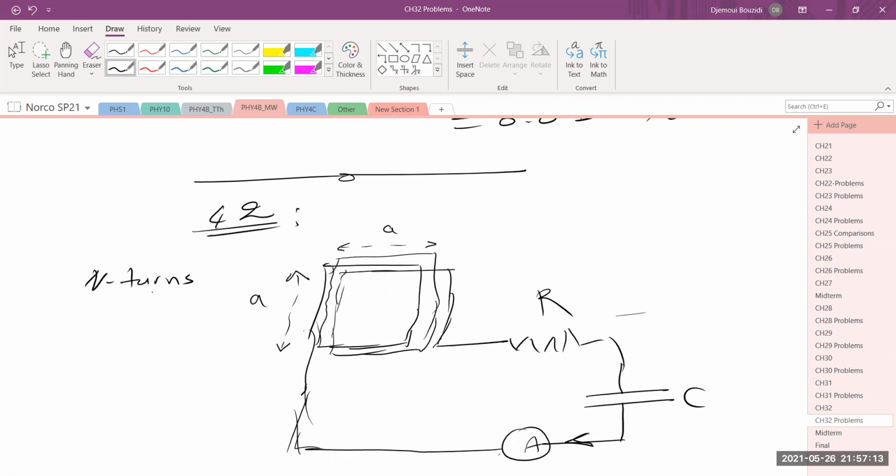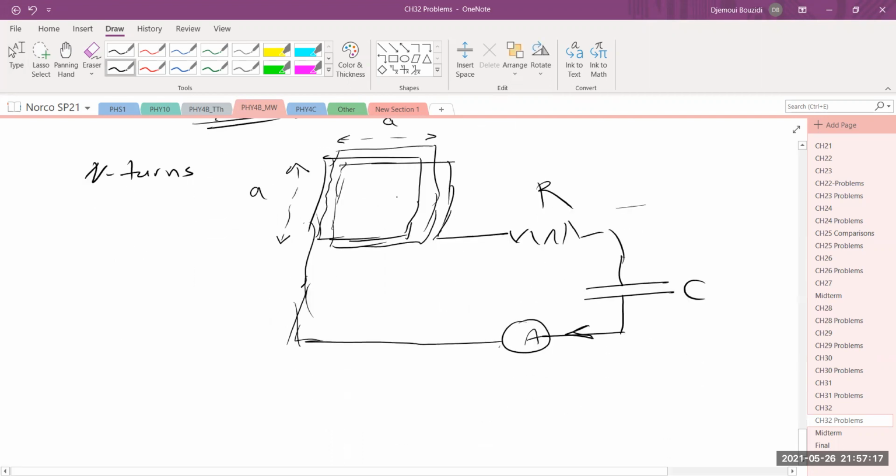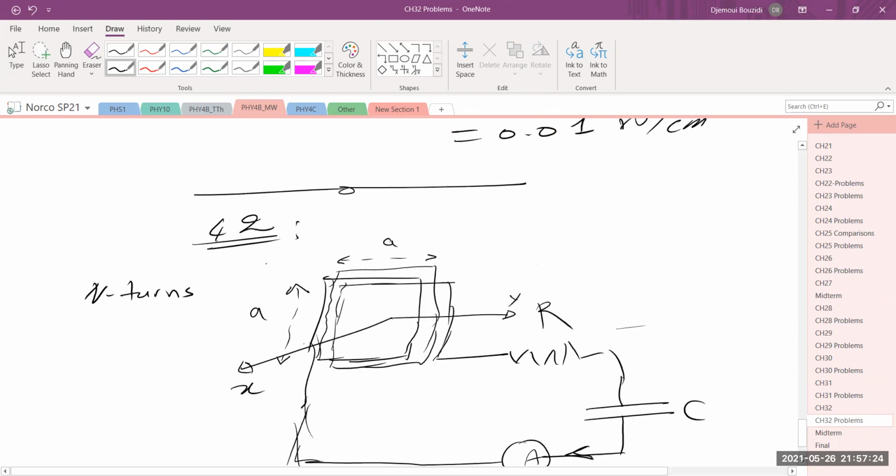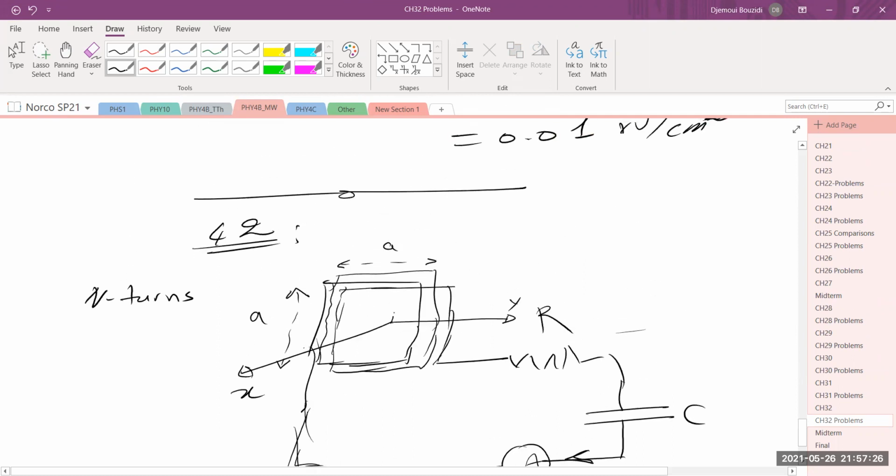We have to talk about the axes. This is the y-axis, this is the x-axis, and this is the z-axis. Then you have a plane wave where the electric field is along the y direction, but varying in the z direction.